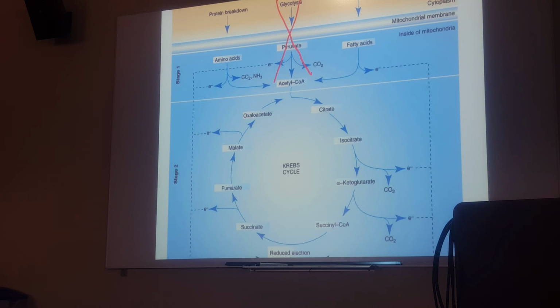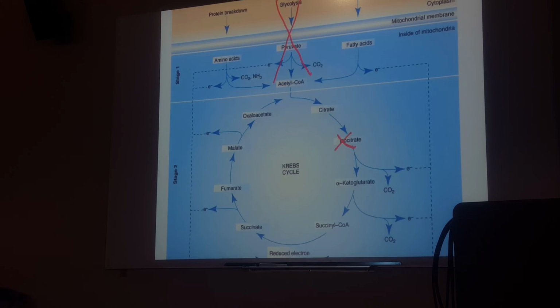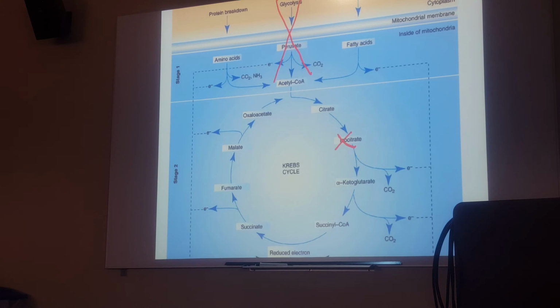Now, if we get it into the Krebs cycle, let's say one of the enzymes doesn't work in the Krebs cycle, now we're running into a problem, okay? Because we're going to affect the ability to break down foodstuffs. The bad news about this is this is a cycle.